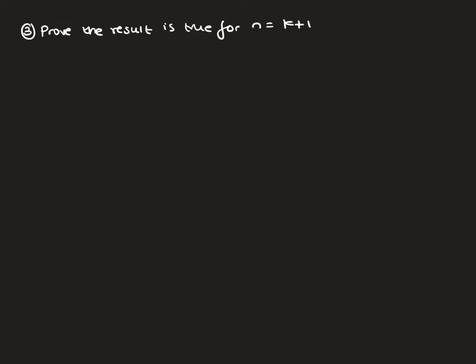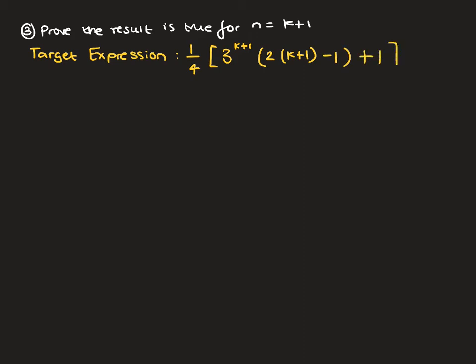So I think it would be useful for us to identify our target expression here, which of course is the right-hand side with n replaced by k plus 1. So that means that our target expression, if we can prove this is true for n equals k plus 1, would be 1/4 (3 to the power of k plus 1 (2 lots of k plus 1 minus 1) and then a separate plus 1), and then close off the bracket. Quite complex. Let's just simplify this down a little bit.